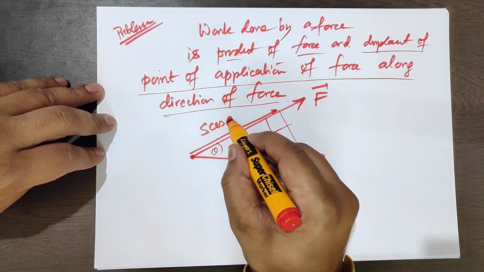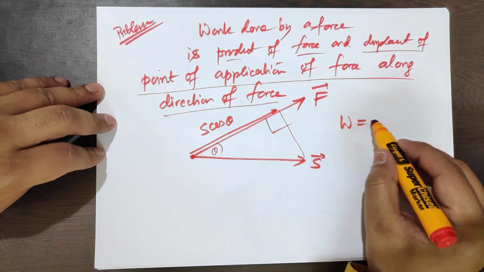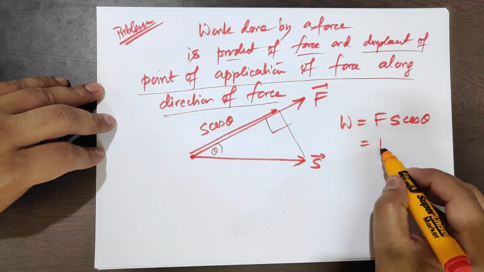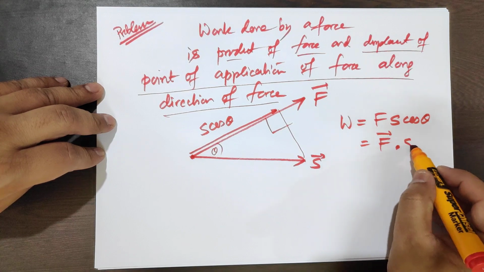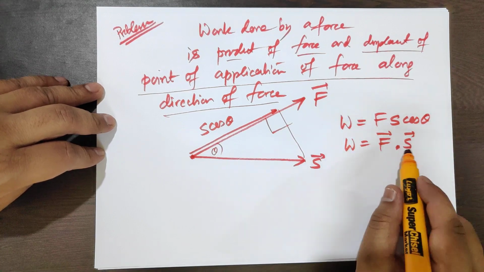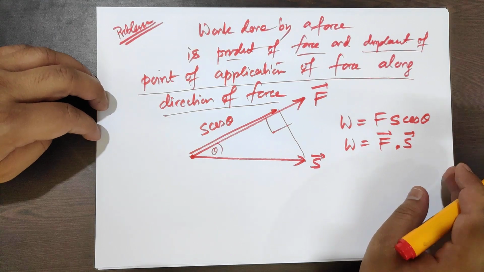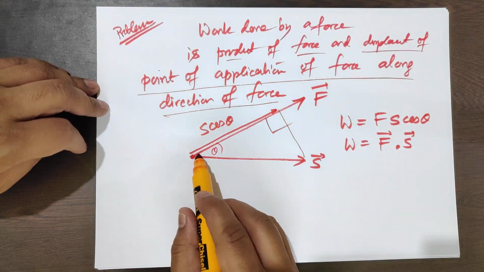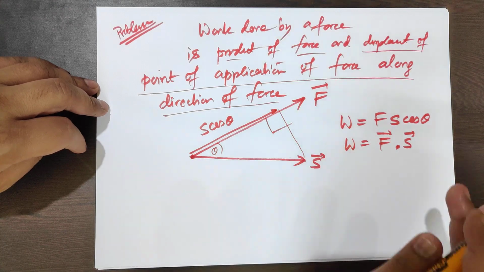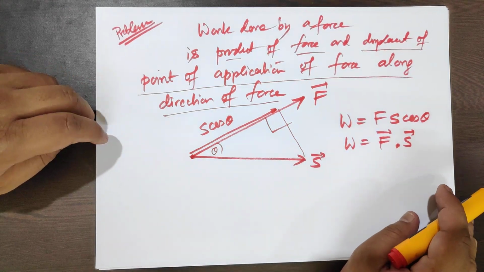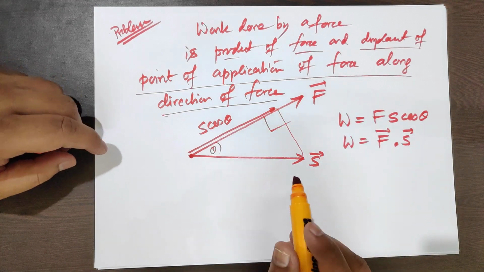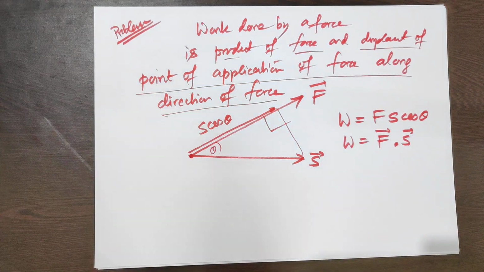That's S cos theta. So work done is equal to F S cos theta, that is F dot S. This is the work done by a constant force. F is constant during this displacement, I mean the journey of the point from here to here. The force doesn't vary, right? So F dot S.